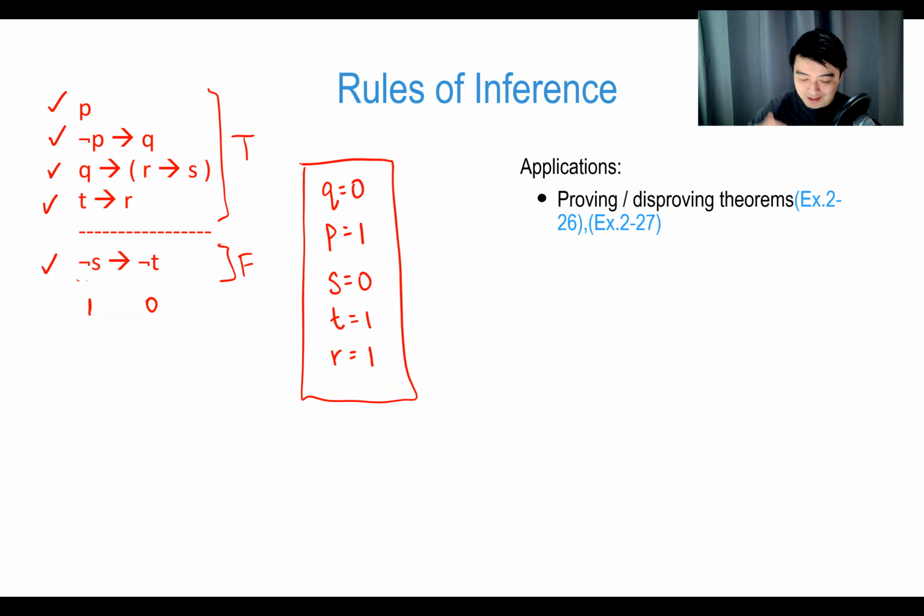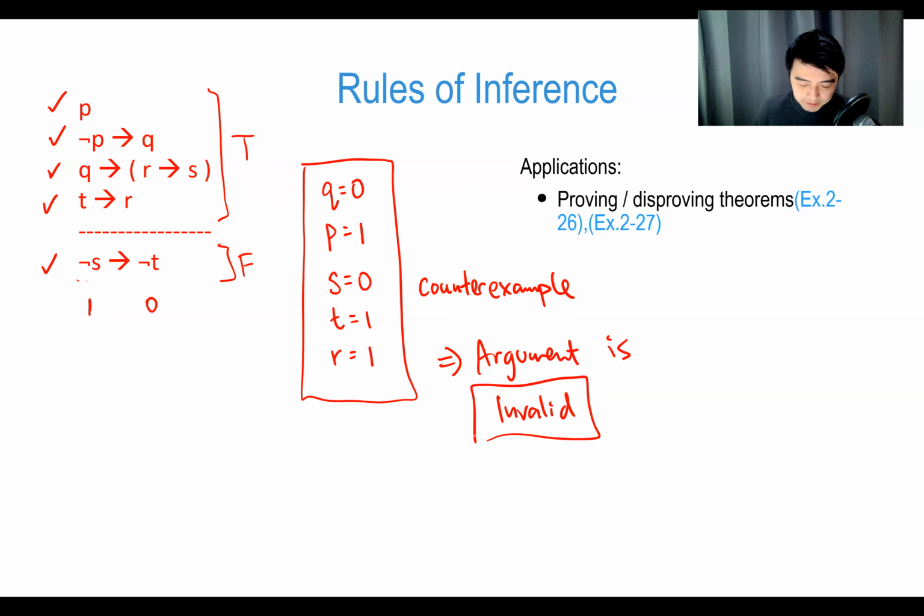So this is called a counterexample. And because we have at least one counterexample, we can now claim this argument is invalid.